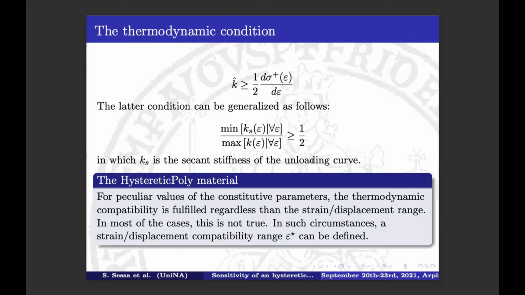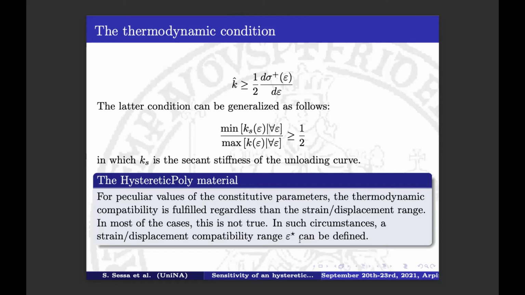If this condition holds, then the material is compatible for any possible equilibrium state. This is not true for several combinations of parameters. So if this is not fulfilled, then we are able to get a compatibility range of the material, that is, an interval of strain or displacements for which the thermodynamic compatibility is fulfilled.